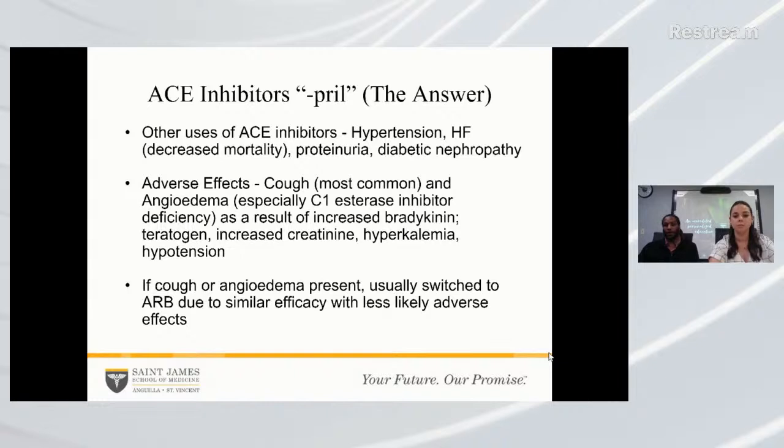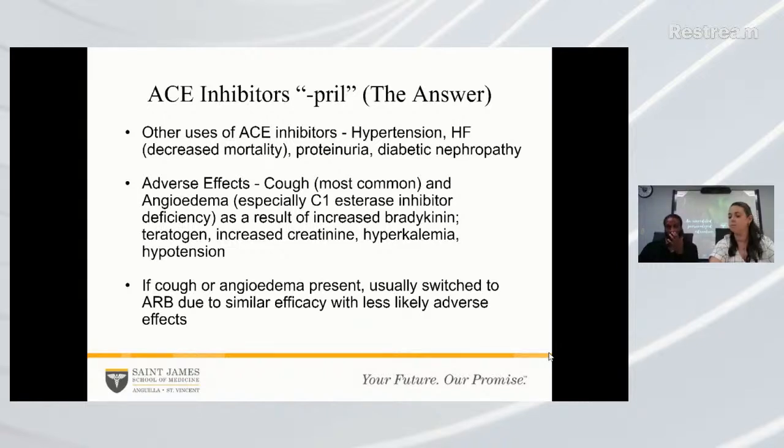Fun fact about the angioedema, it can happen at any time. So you could have a C1 esterase inhibitor deficiency and be on an ACE inhibitor for 5 years, and 5 years later, just one day wake up, tongue, face swollen.